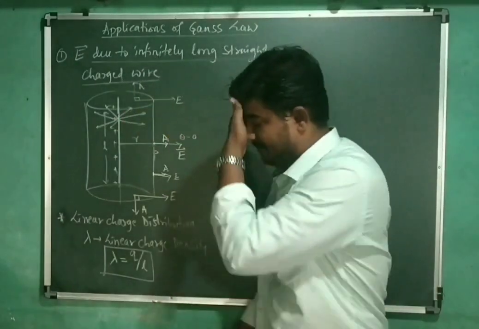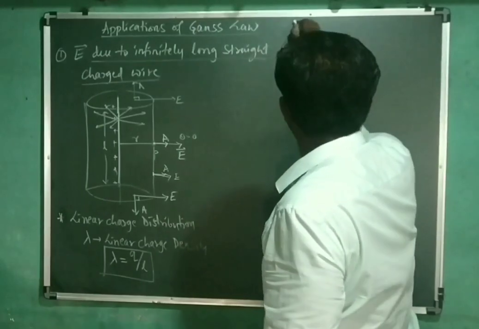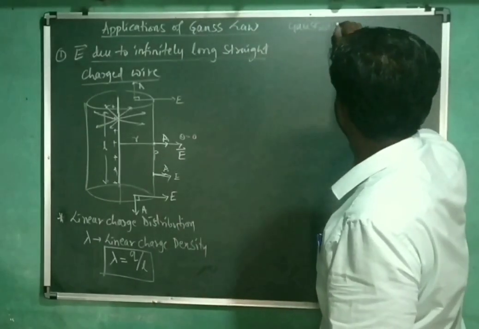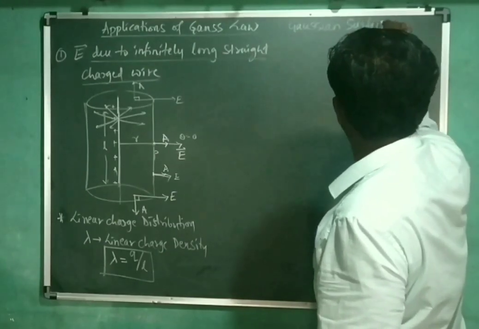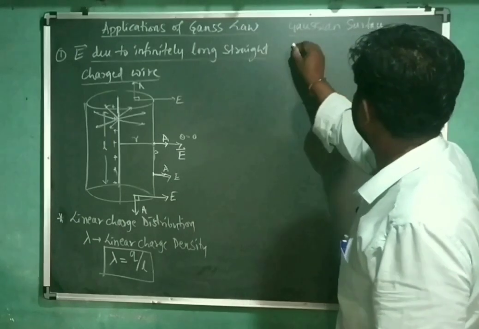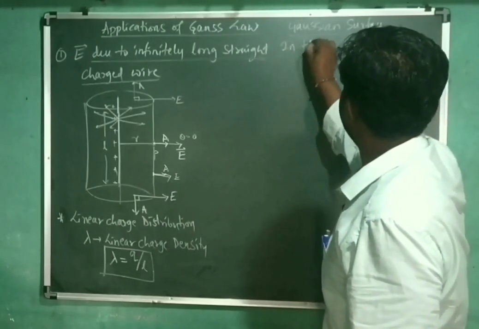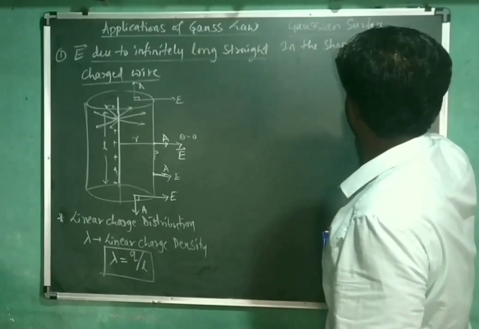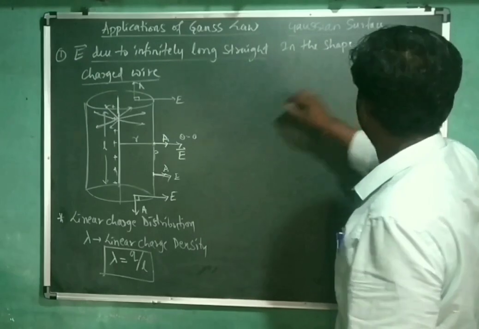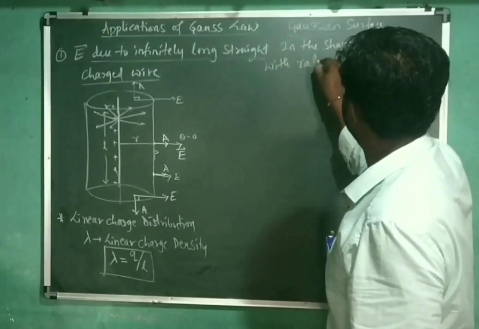Understood? Okay, and we have chosen the Gaussian surface in what shape? Second point, Gaussian surface. What is the shape of the Gaussian surface in this problem? It is a cylinder. A Gaussian surface in the shape of a cylinder with radius, how much?